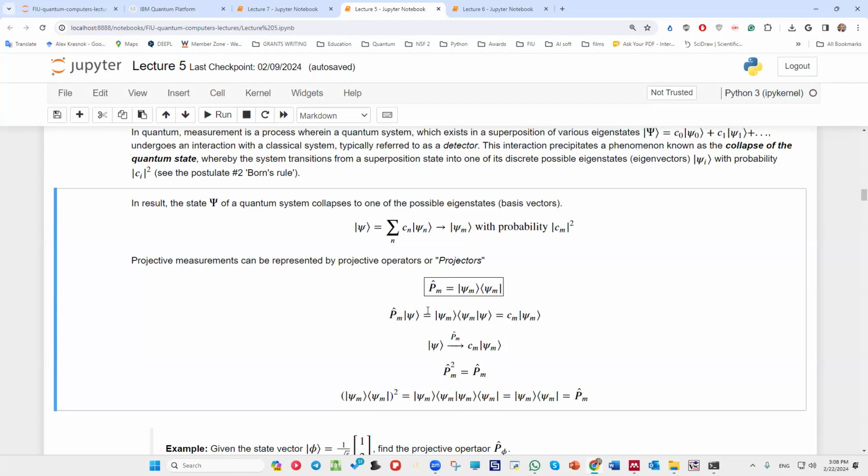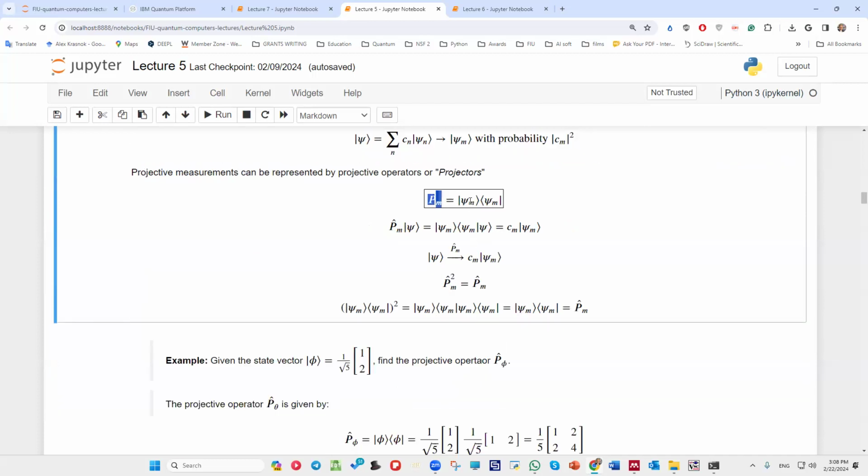And this is known as the postulate of collapse of wave function. So this process can be represented by these projectors or projection operators formulated in this way. So today we're gonna use this formula somewhat.